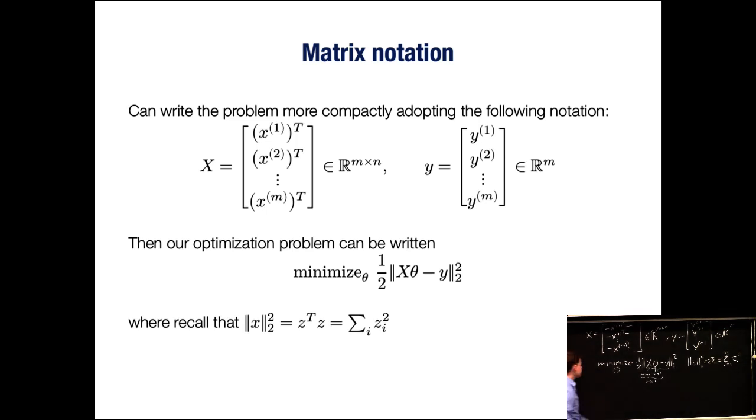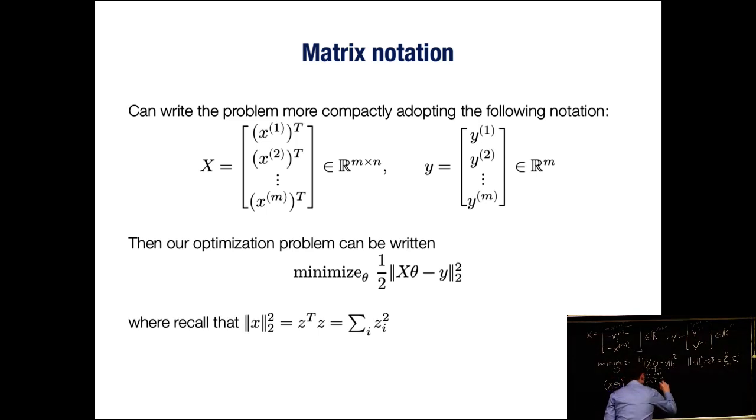Now, the entries in this thing, so the ith element here, (X theta)_i, is equal to the inner product of the ith row of X with theta. In other words, this is equal to x_i transpose times theta, which is also equal, if I flip the order, to theta transpose x_i, which is equal to our hypothesis function.